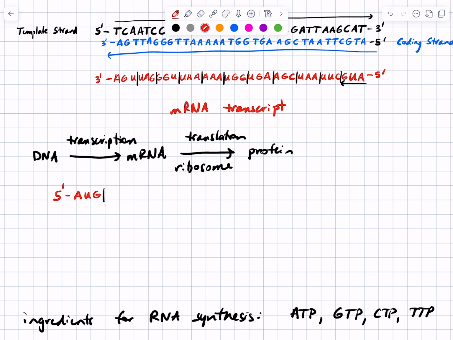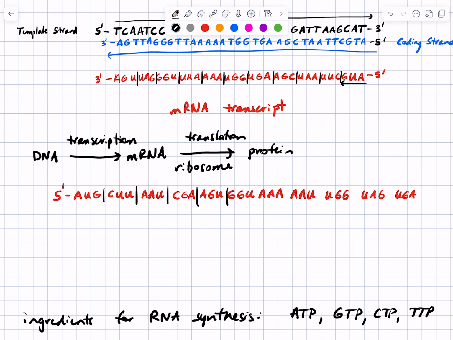But I'm seeing so far for our sequence AUG, CUU, AAU, CGA, AGU, GGU, triple A, AAU, UGG, UAG, and then UGA.